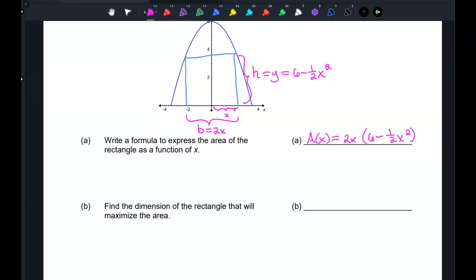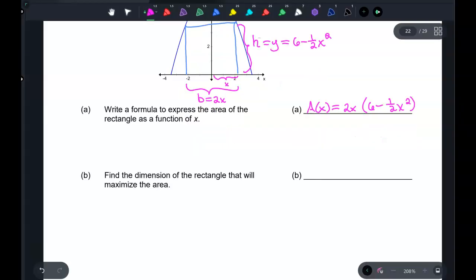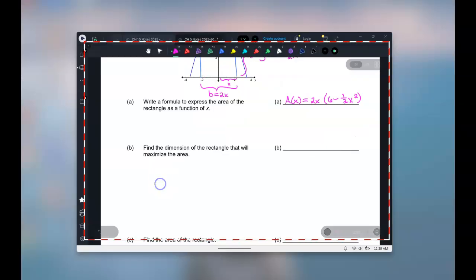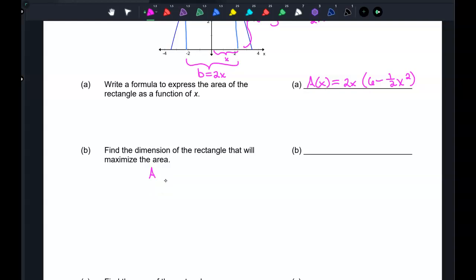Obviously for the next part, when we find the dimensions to maximize the area, it's probably going to be easier to multiply it out rather than do product rule. So before I do the derivative, let's make this 12x minus x cubed. That gives us 12 minus 3x squared.